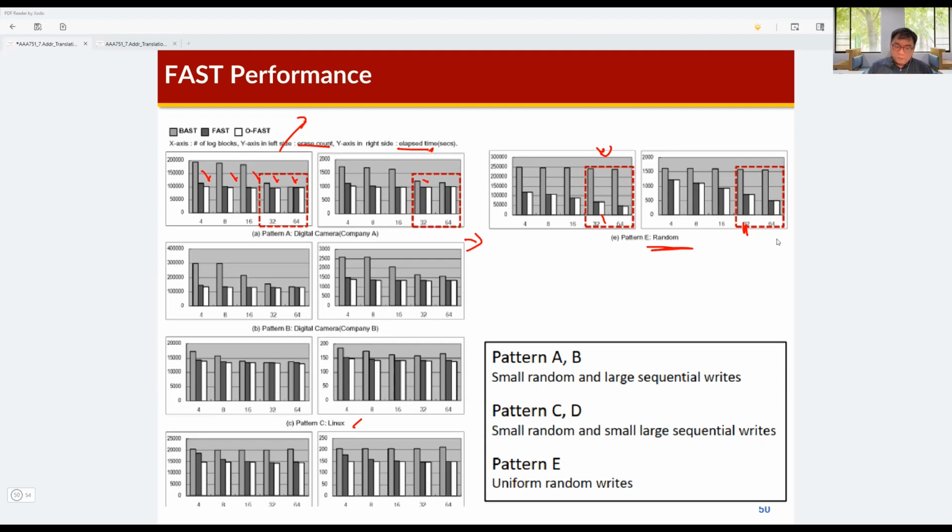Okay, but this is the performance improvement for random writes. As I explained, the requests to the storage are composed of random writes and sequential writes. But we can know that the FAST mechanism is good for random writes.